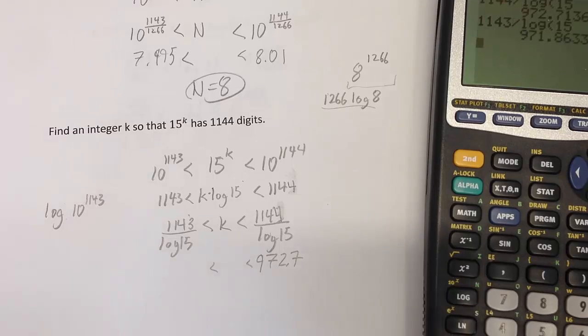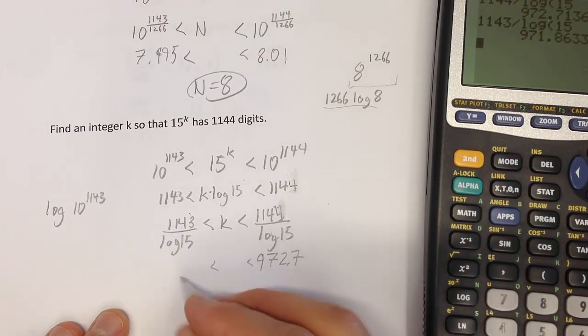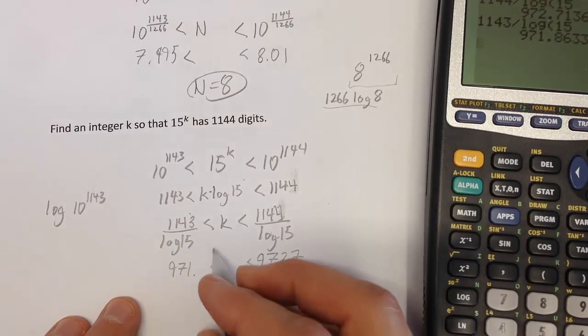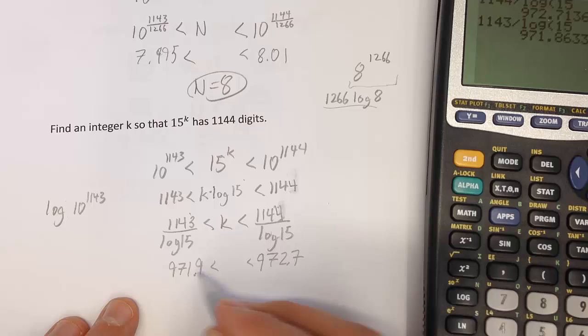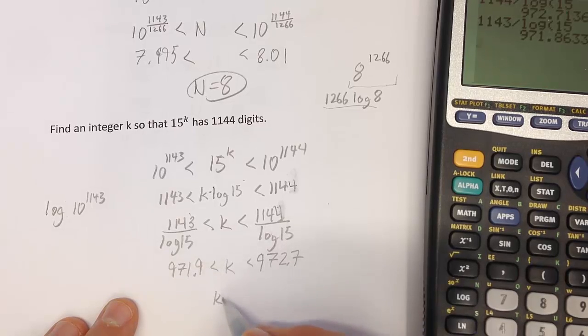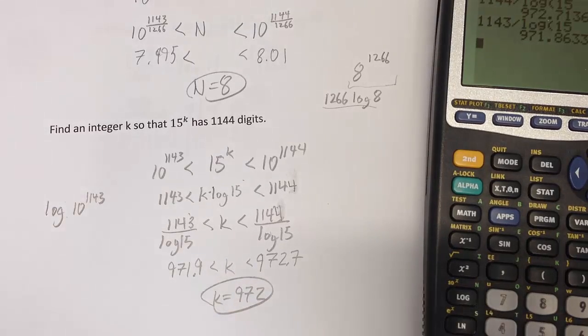It'll assume that you've closed everything off. That's 971.86. So, of course, k is then going to be 972. There you have it.